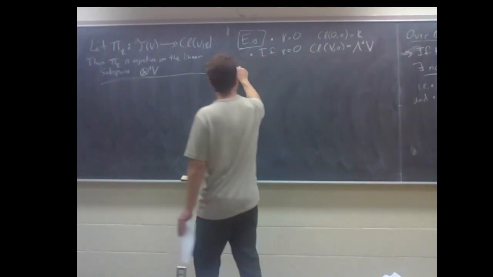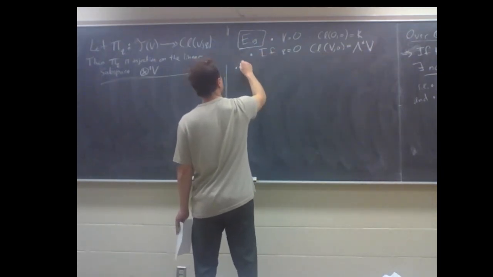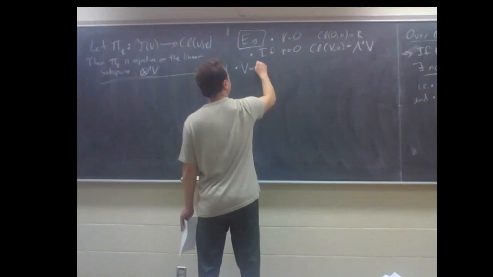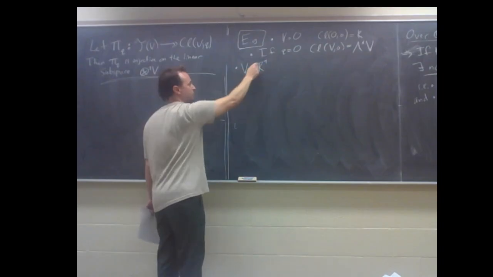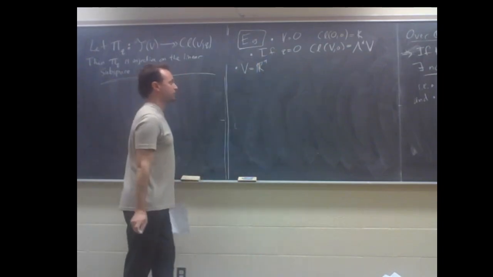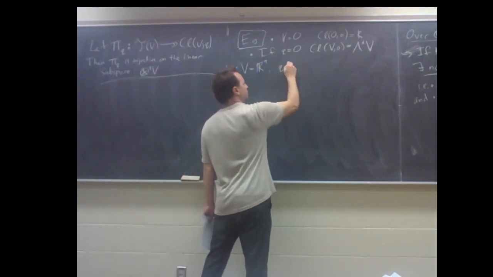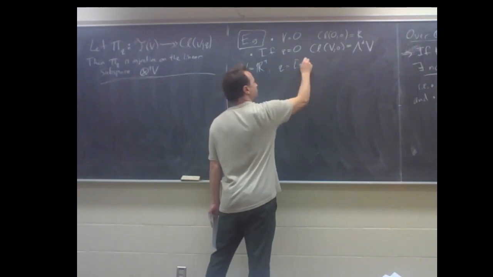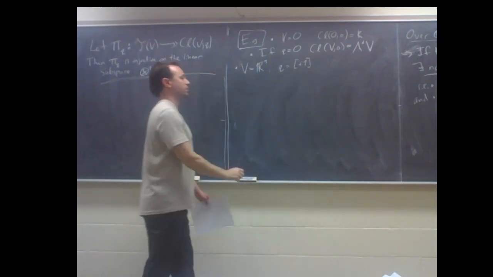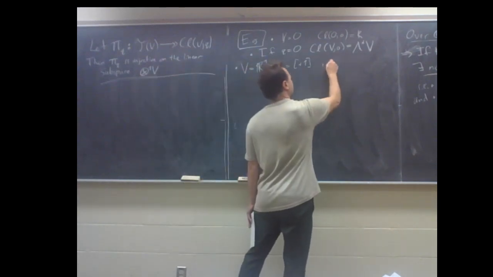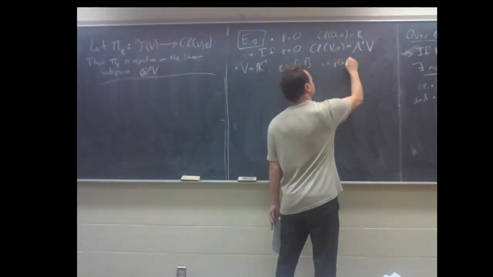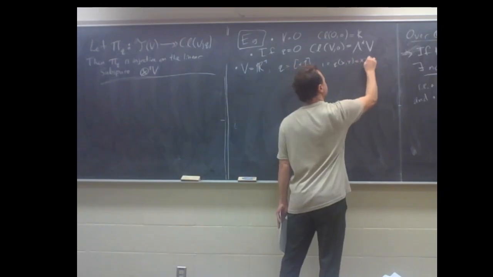And now let's look at a very interesting example. Let's say V is the one-dimensional real vector space. I'll put R to the 1 to remind us that this is the vector space and not the field. And Q is the quadratic form given by plus 1. So it's just the usual multiplication, i.e. Q of x, y equals xy.